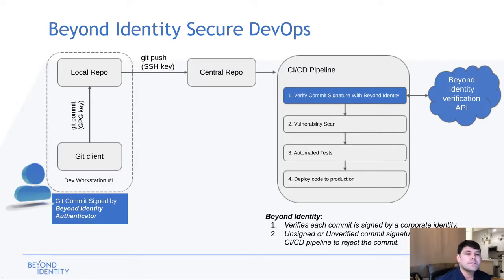It enforces that only code changes committed by a corporate identity can be merged into your pipeline. The module verifies each commit is signed by a corporate identity. Unsigned or unverified commit signatures will cause the CI/CD pipeline to reject the commit.